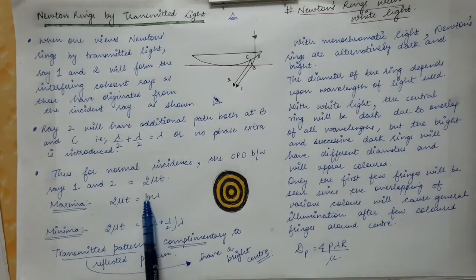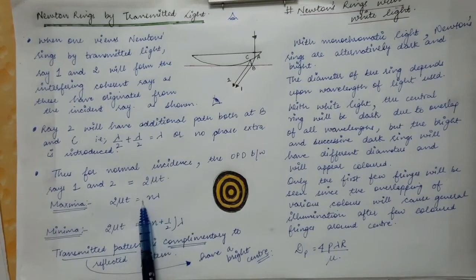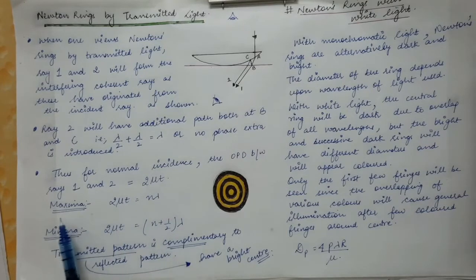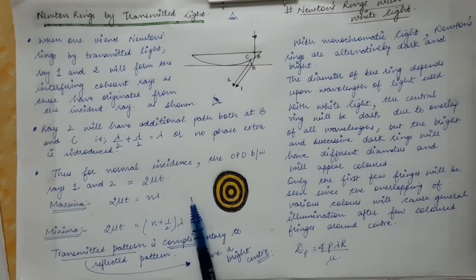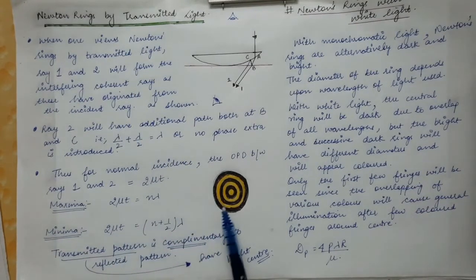So when you put n equal to 0, this is the condition of maxima. t will come out to be equal to 0, meaning at the point of contact you will get a bright fringe. So this is in contrast to the reflected light.